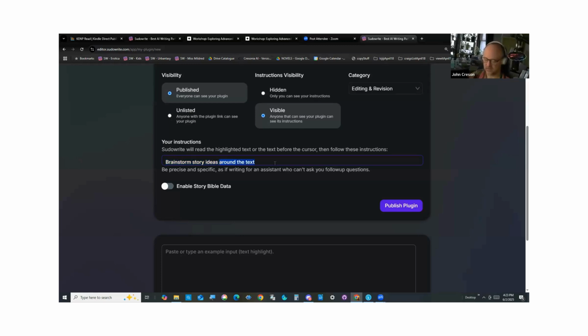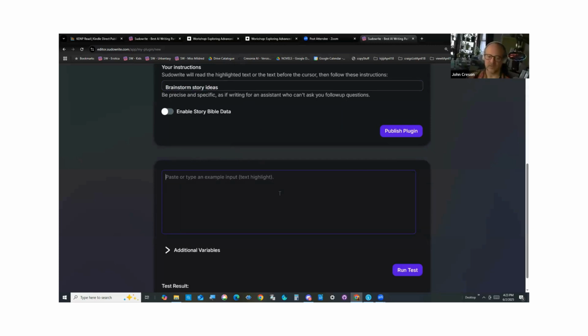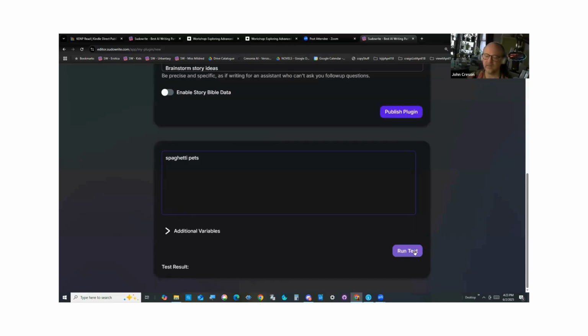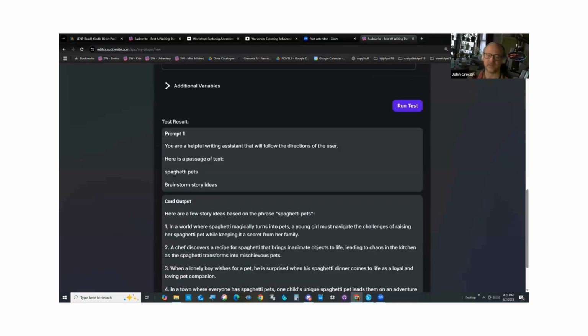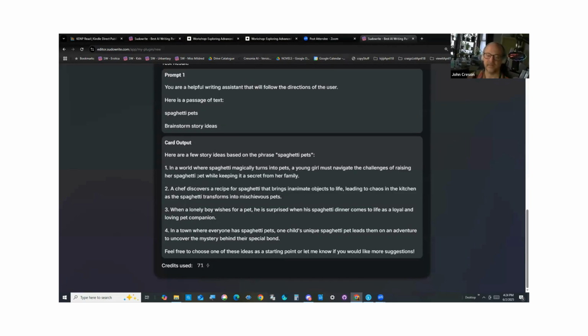Like if I did that and my spaghetti pets and I hit run the test. So here's the passage of text, spaghetti pets, brainstorm story ideas. Well, it actually did that. In a world where spaghetti magically turns into pets, a young girl must navigate the challenges of raising her spaghetti pet while keeping it secret from her family.